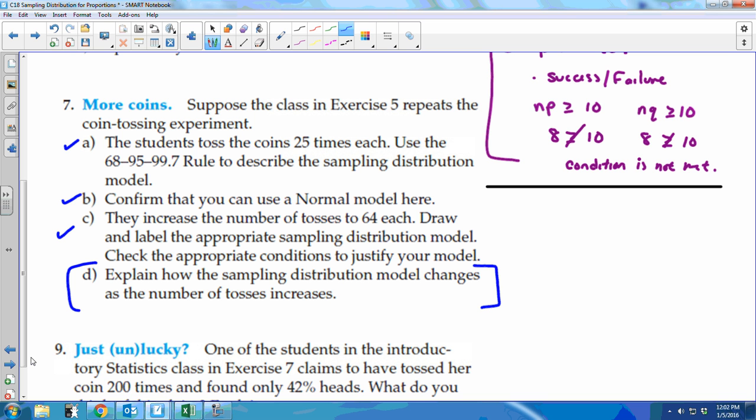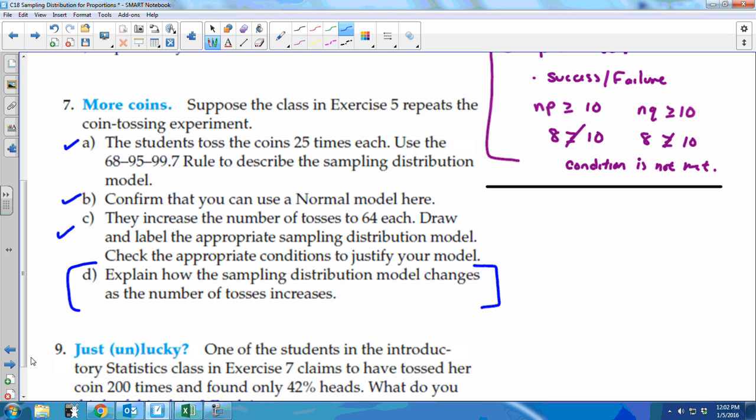Depending on number of tosses you started with, right? So if anything, it gets more unimodal and symmetric. Does your center ever change? No, because they should all be centered at what? 0.5. Regardless of the number of coin tosses, it should always center at 0.5. Does the standard deviation change? Yes. Obviously, because we've already changed it 3 times in the past 5 minutes, right?